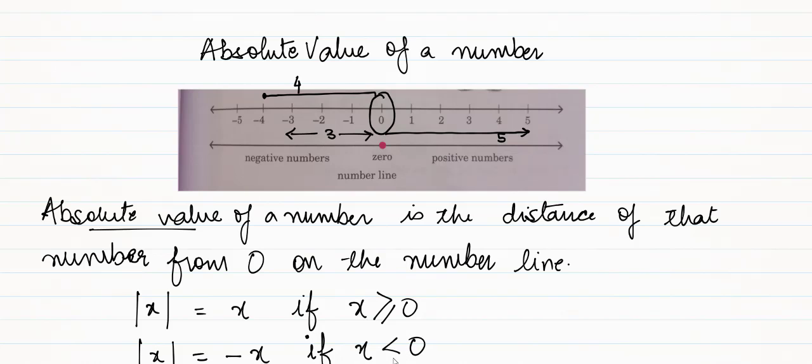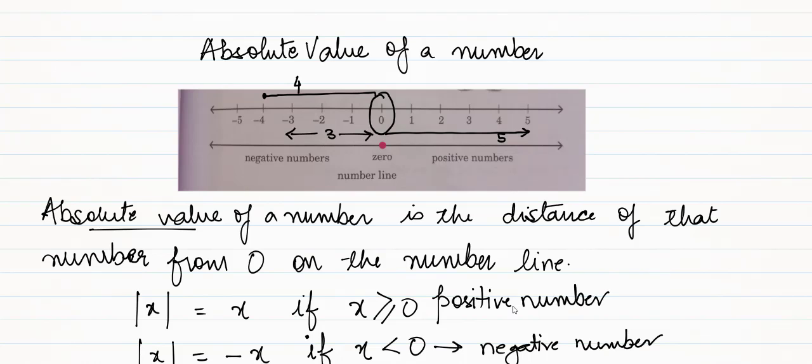Less than 0 means it's a negative number. I don't know whether you have an idea about the greater than or less than sign. This represents x less than 0, a negative number, and this represents a positive number. And here the positive number also includes 0, because they have placed this equal sign also.